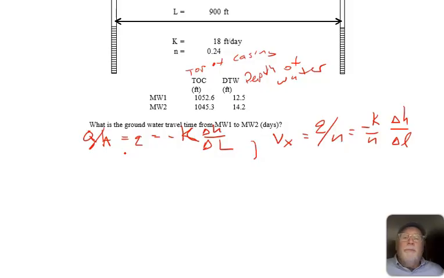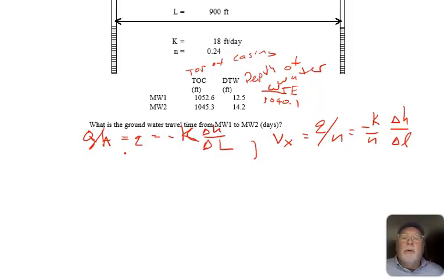So I go up here to the depth of water, and I'll put in here the water table elevation, the actual elevation of the water table.